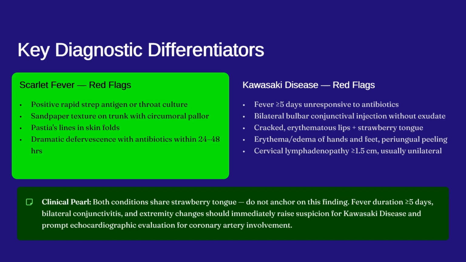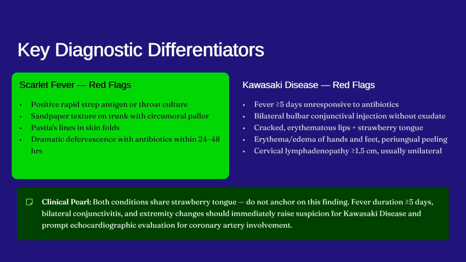They may also have bilateral bulbar conjunctival injection without exudate. They also present with erythematous lips and a strawberry tongue, and also the erythema and the edema of the hands and feet. They may also have periungual peeling and also the cervical lymphadenopathy.